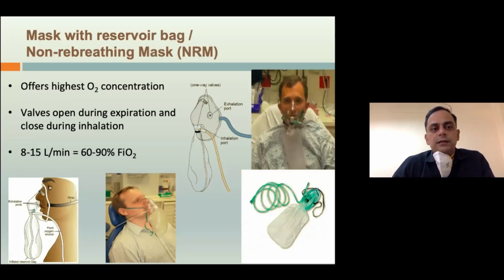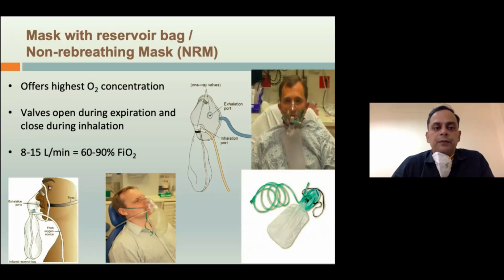Next is the mask with a reservoir bag, or a non-rebreathing mask. This is our savior at times when we do not have any specialist around us, or we do not have an ICU or BiPAP. This mask is the device which can be used to provide the highest oxygen concentration without backup of expertise.